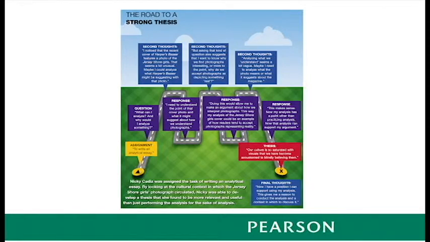That being the case, I'd recommend talking with students about the importance of using their situational analysis and their analysis of the text to develop a strong thesis. This is also a great opportunity to look at the Road to a Strong Thesis feature in the chapter.